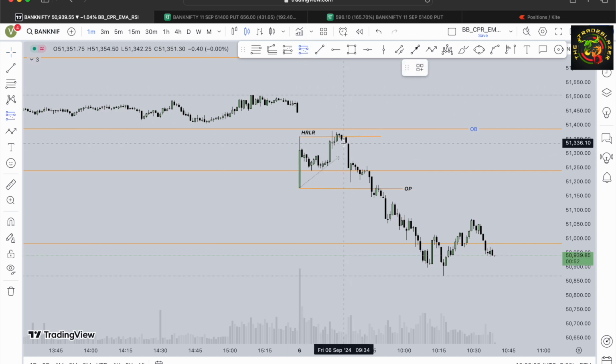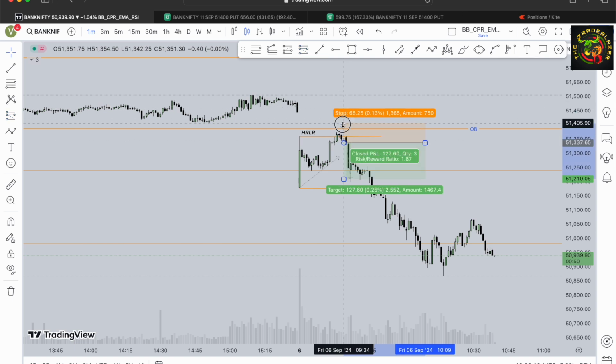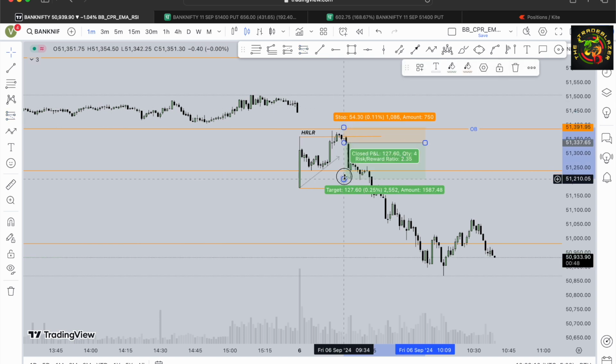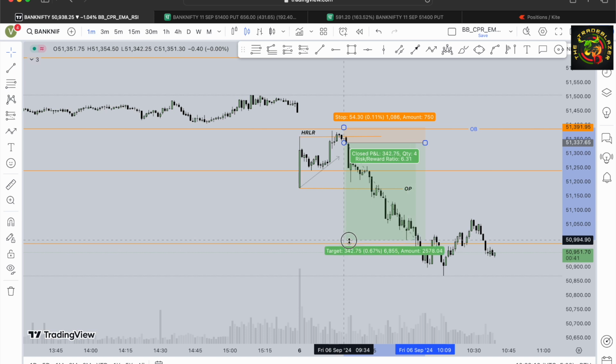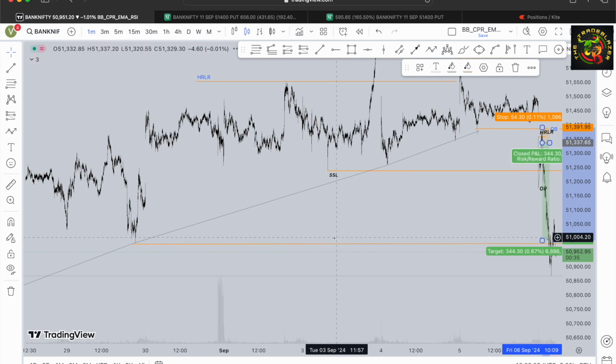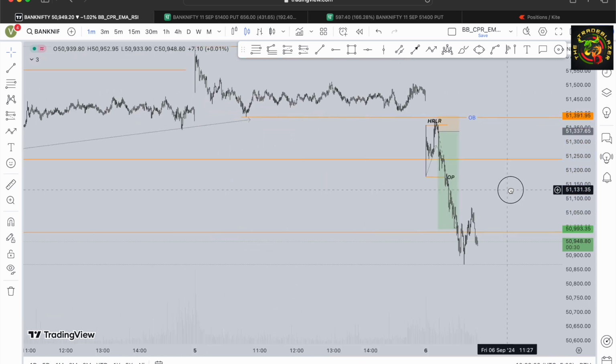This is where we can go short with a very small stop loss, and this could be the first target, and we can extend to the second liquidity area with the second target, right? This is the second liquidity point on the failure swing.